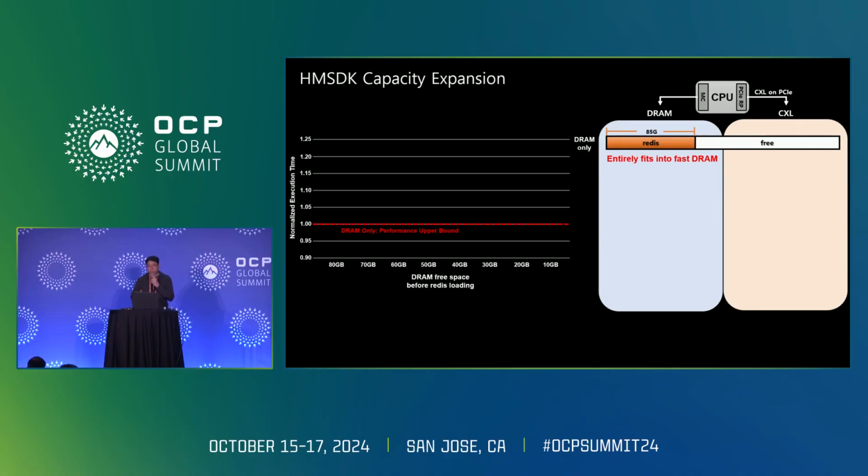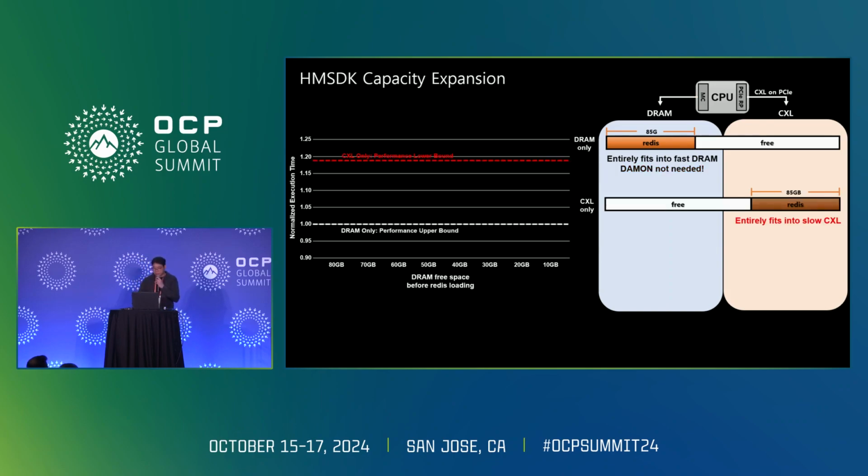If Redis is fully located inside the DRAM, this is the fastest case, and in that case no tiering algorithm is needed. On the other end, if the target workload is fully allocated in the CXL, it has a latency overhead through the CXL protocol.